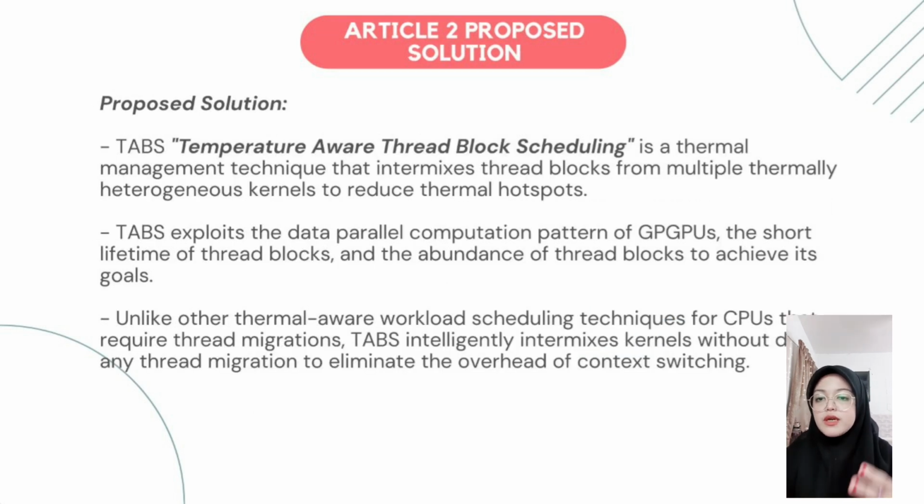Second, this article's proposed solution, TAPS, is a thermal management technique that intermixes thread blocks from multiple thermally heterogeneous kernels to reduce thermal hotspots. TAPS also exploits the data parallel computation pattern of GPGPUs, the short lifetime of thread blocks, and the abundance of thread blocks to achieve its goal.